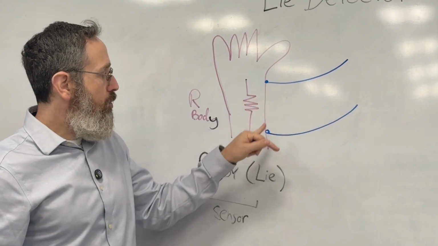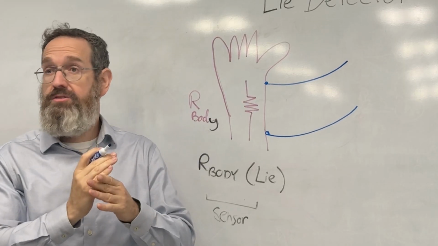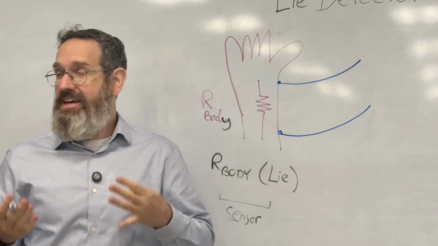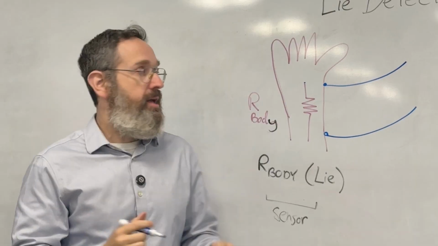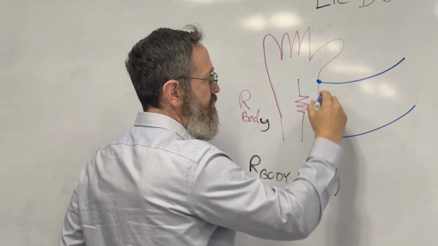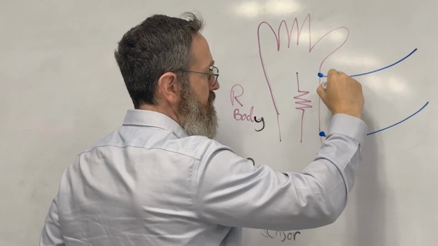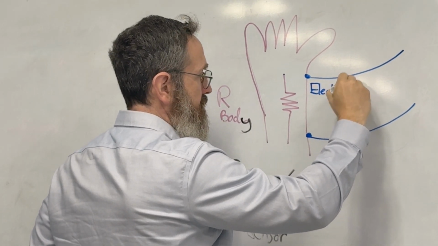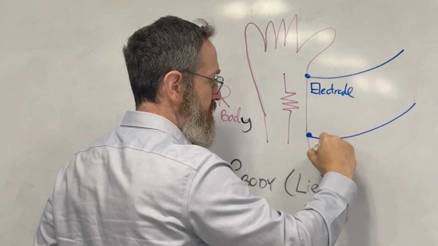And where the wire touches the body, as we discussed before in the EKG project, is going to be called an electrode. There's going to be two of them.